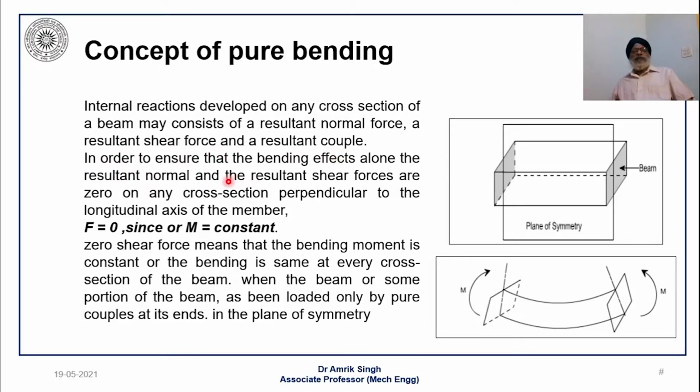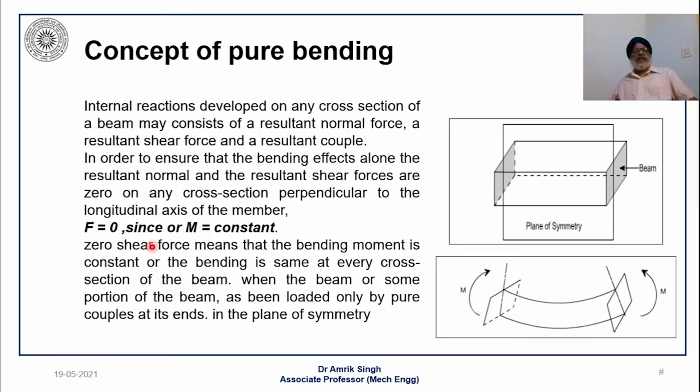In order to ensure that there are bending effects alone, the resultant normal and shear forces are zero on any particular cross section which is perpendicular to the longitudinal axis. So the longitudinal axis is this and the perpendicular to the longitudinal axis is this.